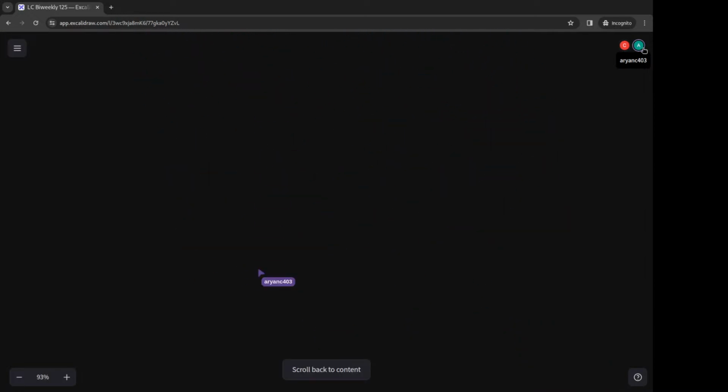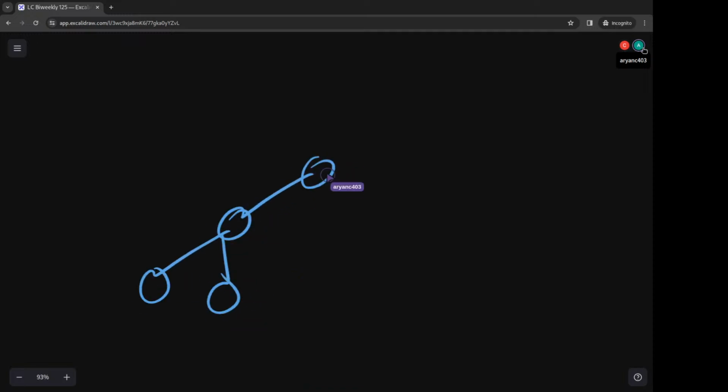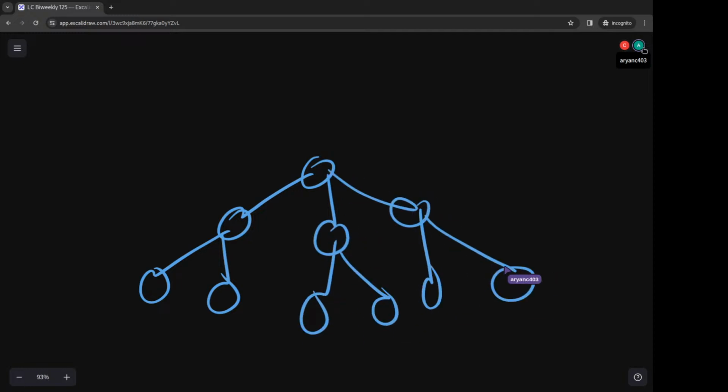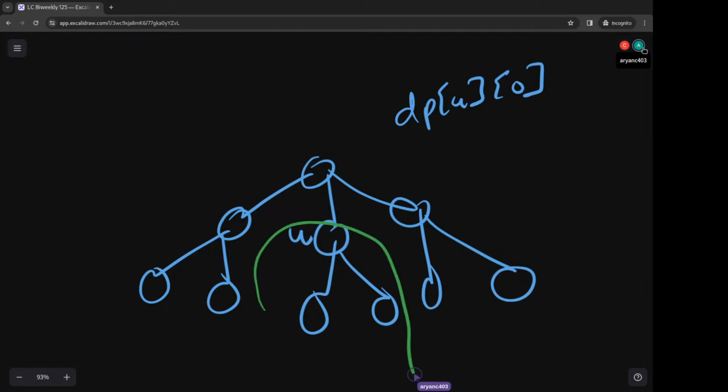Yeah, that's the correct observation. So the next idea was, we have different nodes. Let's say this is a node U. Then DP U 0 denotes we have performed some operations in the subtree of U such that the number of operations performed on U is even. That is, the remainder over there is 0.